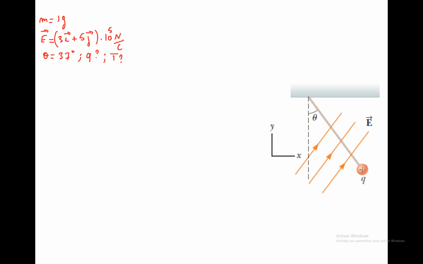At the point P, you have the mass M. We have the weight equal to mg, and we have the tension of the cord, like this.